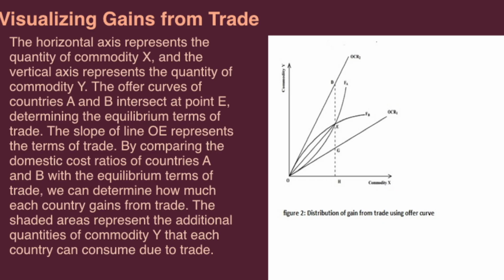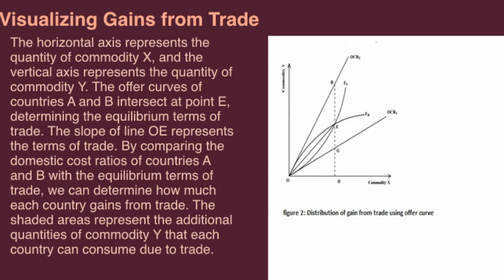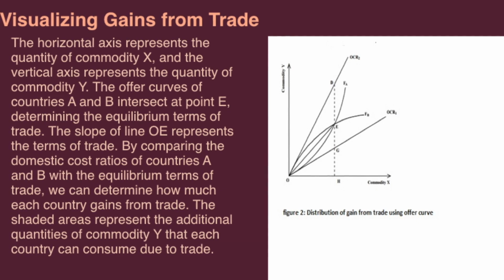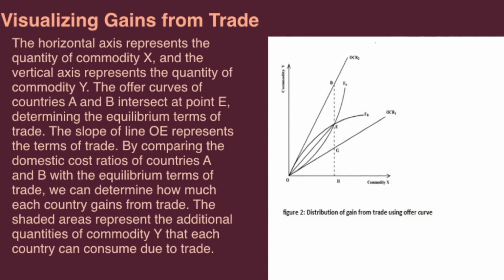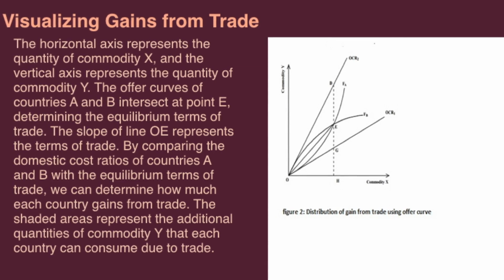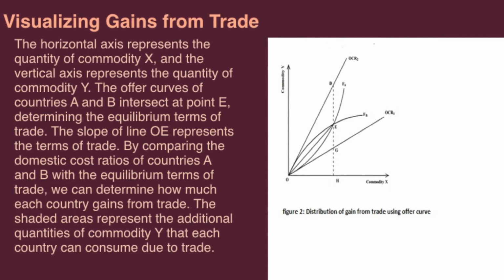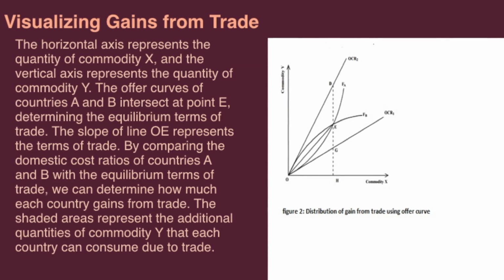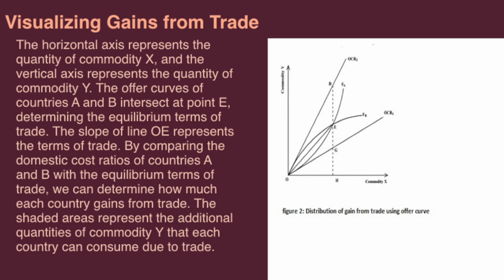Now if you see figure 2, commodity X, which is basically produced by country A, is plotted along the horizontal axis, or x-axis, and commodity Y, which is basically produced by country B, is shown on the vertical axis.